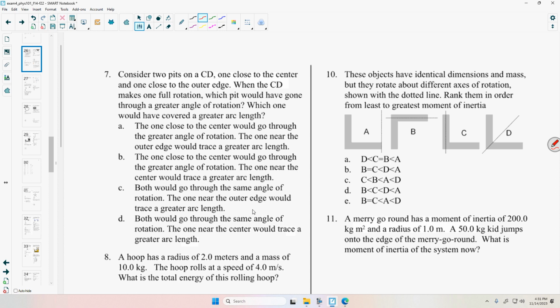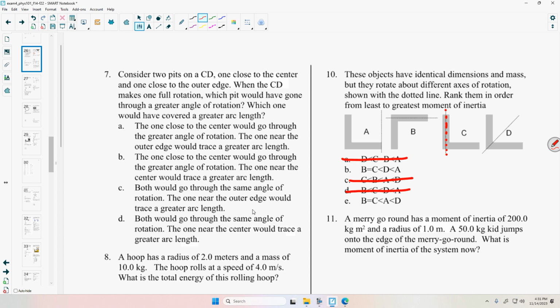So that gets rid of this one and this one. And I also see here that B and C both have a bar that's along the axis of rotation. That means that bar does not contribute to the moment of inertia at all, whereas that's not true for A or D. So I can say that B and C are both the smallest.